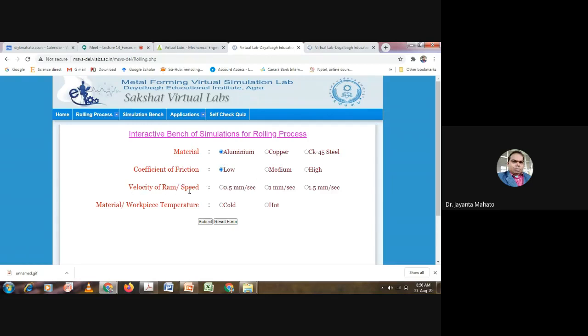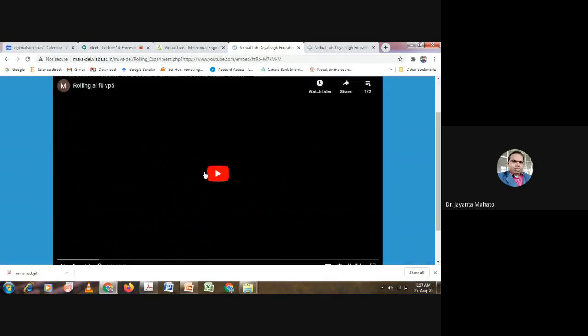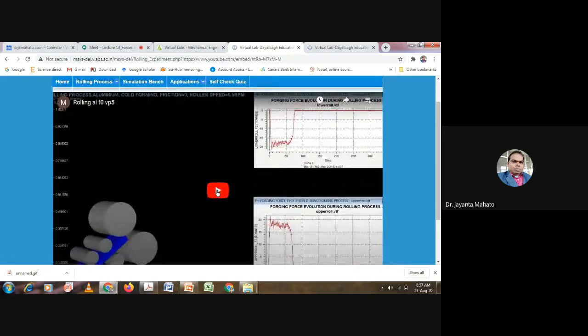The velocity of the material, v naught, I am first considering as 0.5 mm per second. The rolling process is a cold rolling process, that is, below the recrystallization temperature. Then click on the submit button, and the simulator will automatically open.